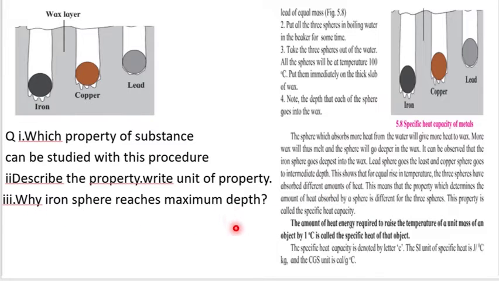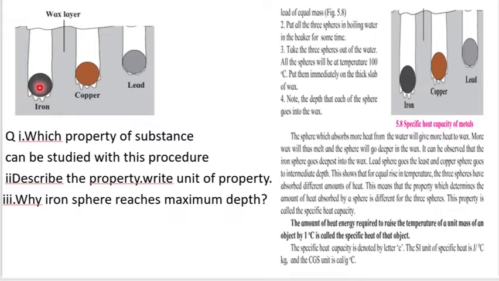Now, why? What happened here? There is some property due to which the iron sphere goes deepest in the wax. What is that property? The amount of heat energy required to raise the temperature of unit mass of an object by 1 degree Celsius is called the specific heat of the object.